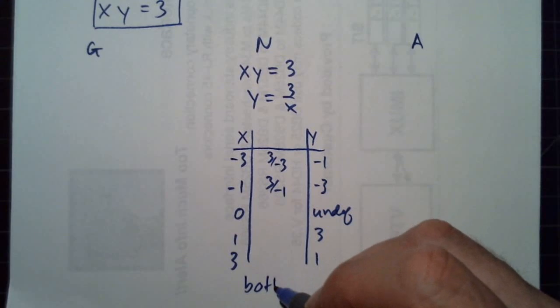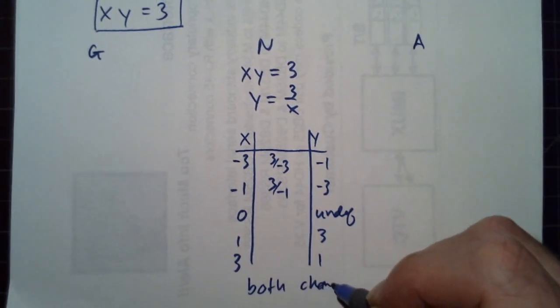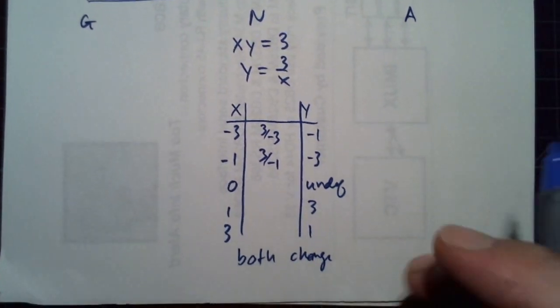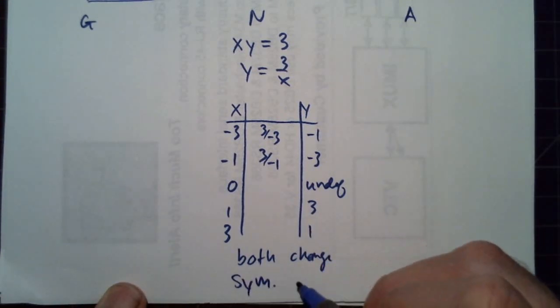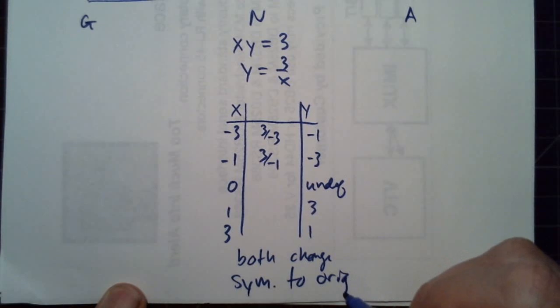Both x and y are changing signs, and we still have points on the graph. So if both change, then that means we have symmetry to origin.